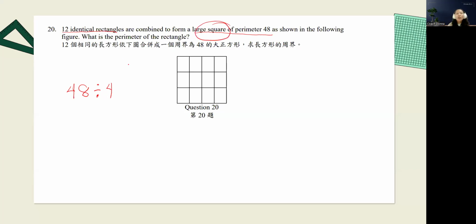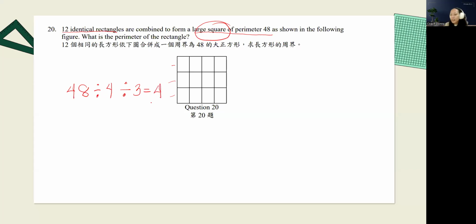So 48 divided by 4, and then let's divide it by 3, since we have 3 parts right here.